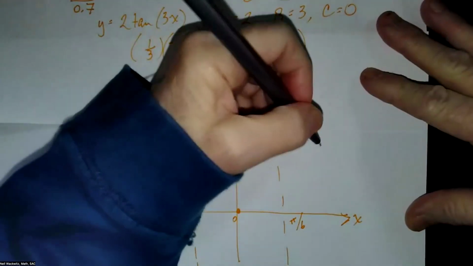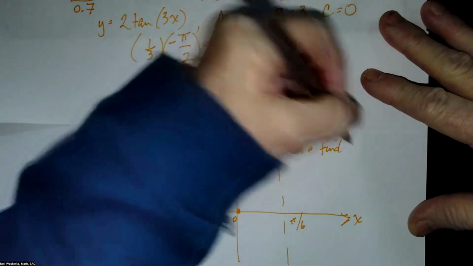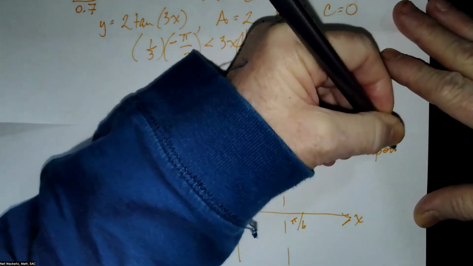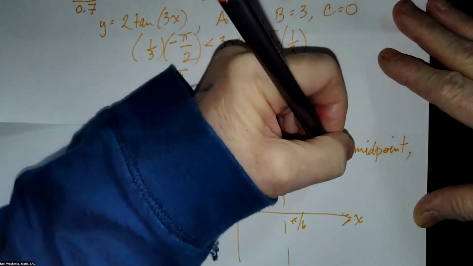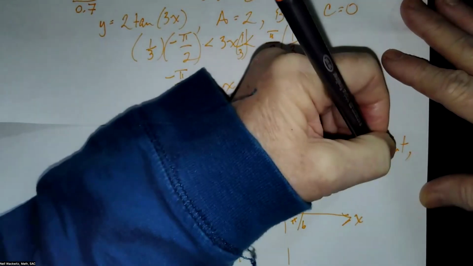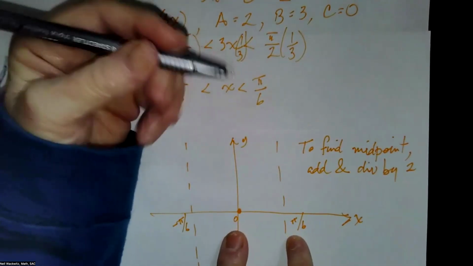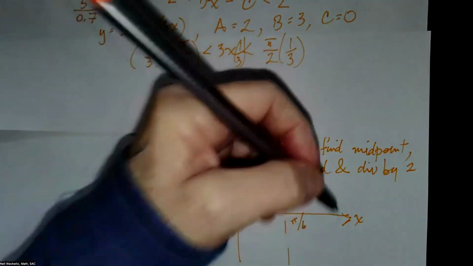So to find the midpoint, add and divide by 2. So there's not much to add because we're going to take 0 and pi over 6.